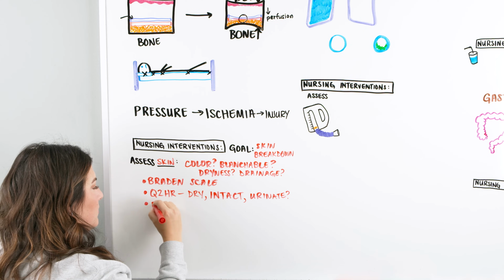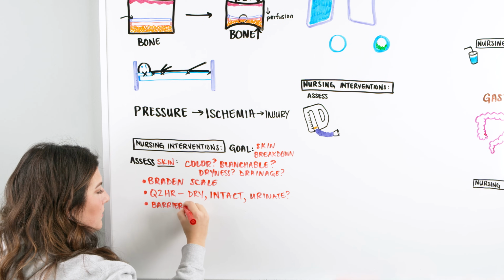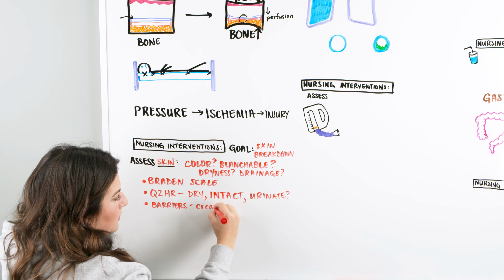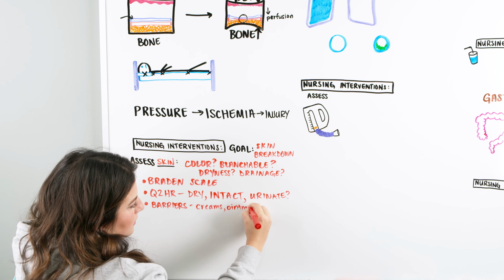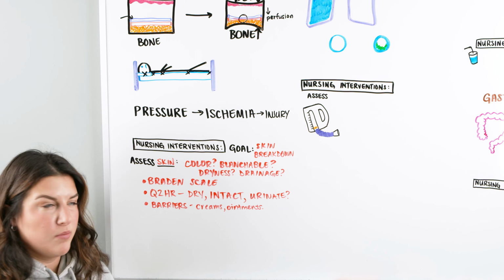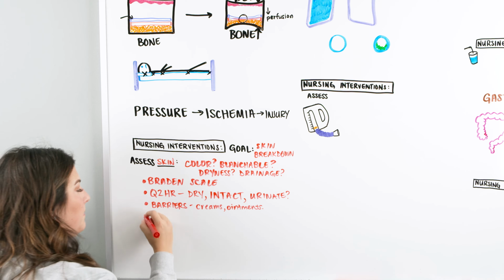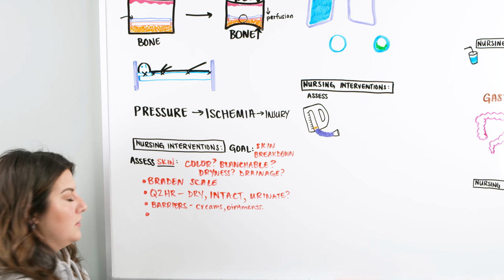We also can be using some type of barriers. And when I say barriers, we want to start thinking of things like creams, ointments, or anything else that be prescribed and or used at bedside for our patient to help protect the skin. And then we can also start thinking about all those special devices we can use as well.